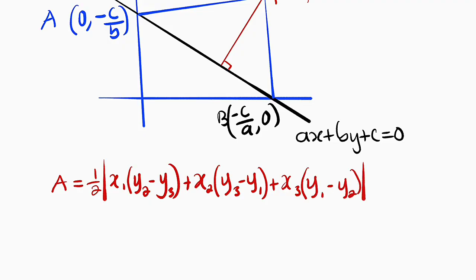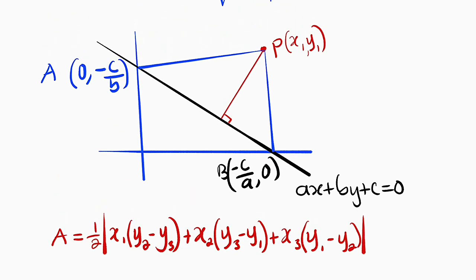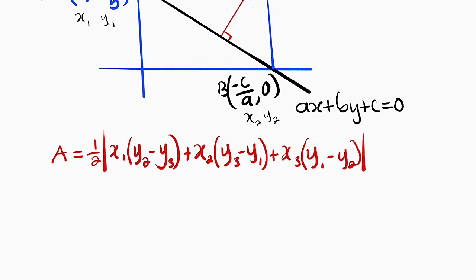This is the first formula I would like to use. So what is x1, x2, x3, y1, y2, y3? You can just give them names at random. So let's assume this is x1, y1, and this x2, y2, and lastly we have x3, y3. So let's substitute them into our formula.